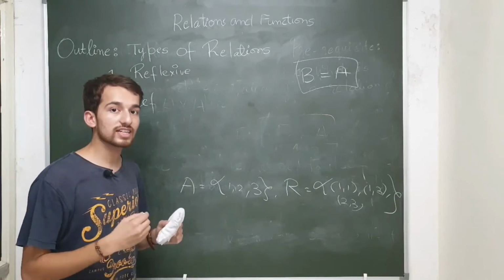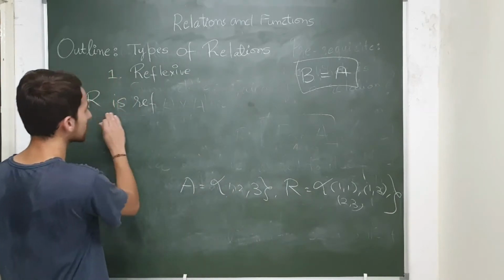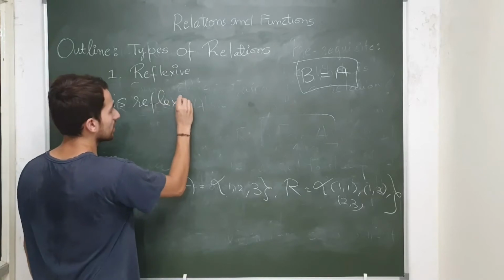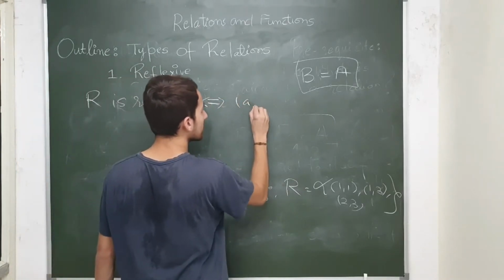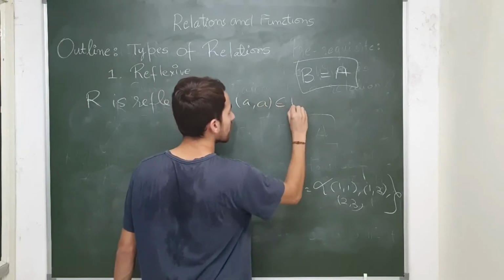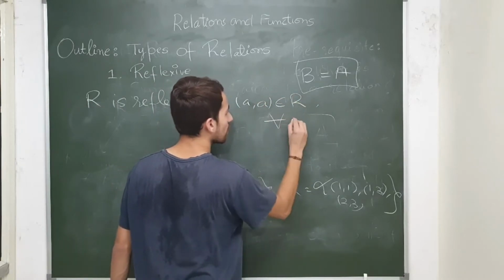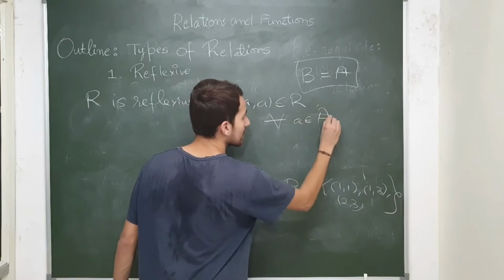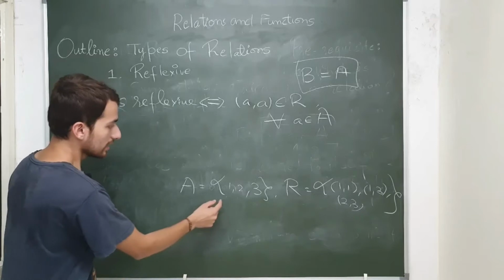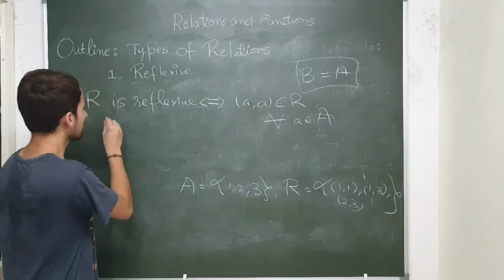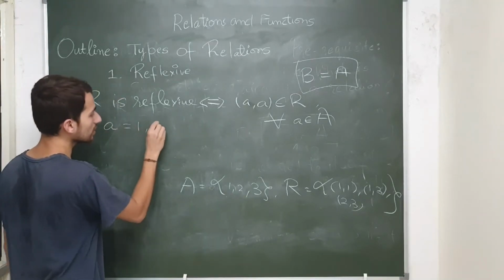So, R is reflexive if and only if the ordered pair (a, a) belongs to R for every choice of a in the set A. This property is very important. The choices of a which we have are 1, 2 and 3.